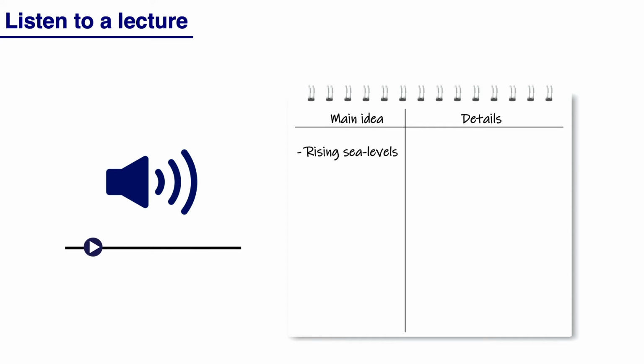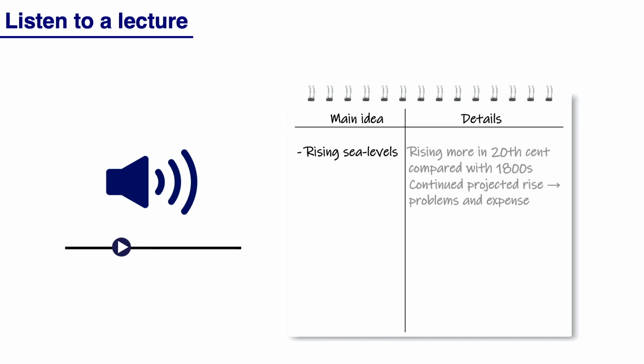Until the 1880s, the fastest rise in sea levels was about 3 centimeters to 4 centimeters a century, plus or minus a bit. But in the 20th century, the world's seas rose 14 centimeters. The International Academy of Sciences said that by 2100, the world's oceans would rise between 28 and 131 centimeters. If seas continue to rise as projected, it will cause a lot of problems and expense.